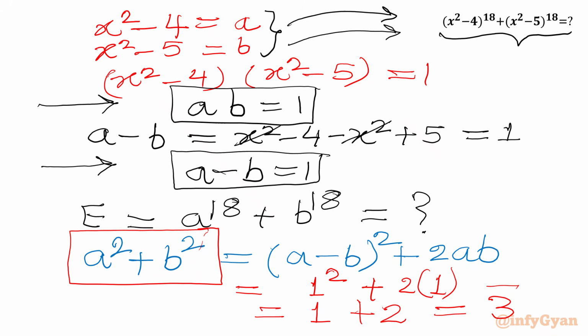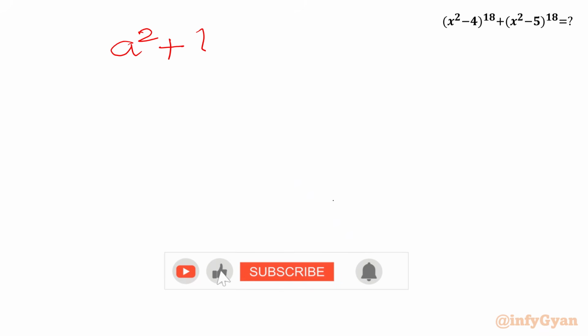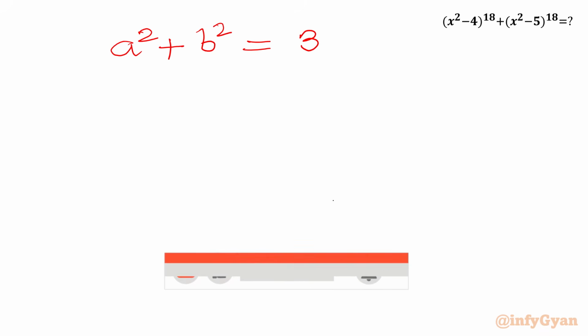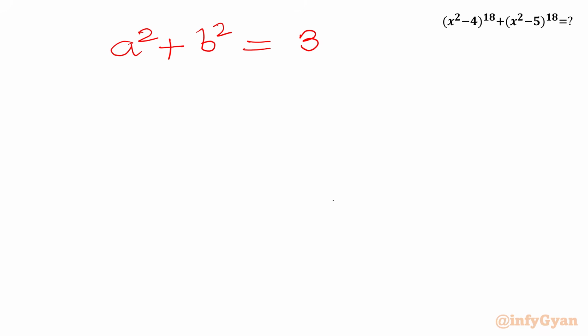Now our target expression is with power 18. So if I will cube this equation, we will get a power 6 plus b power 6. Let me write a square plus b square equal to 3. Now we will be cubing both sides. So I will write here power 3, power 3. Let's use a plus b whole cube identity.